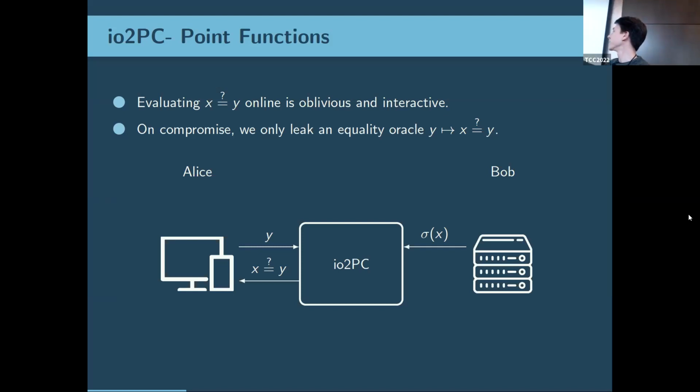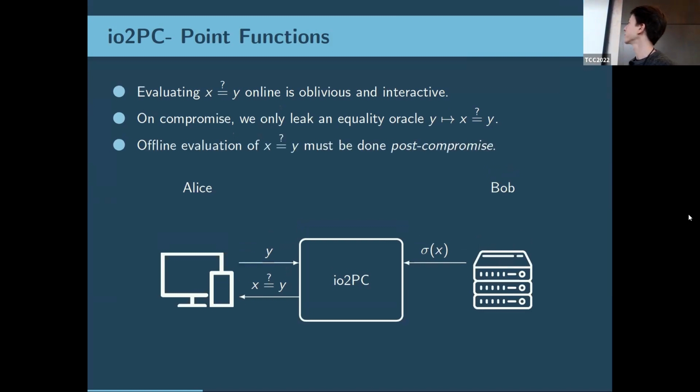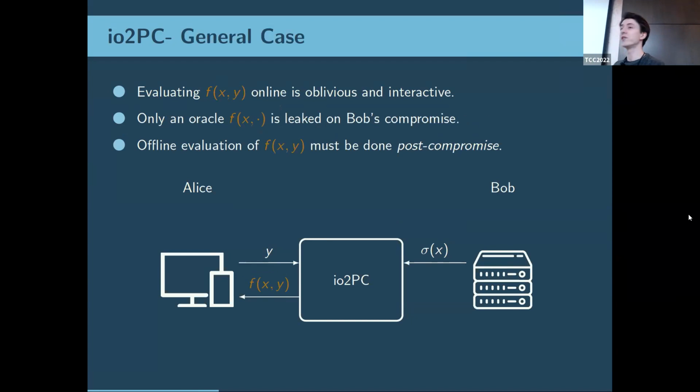So indeed, this is the smallest amount of information that we are able to leak upon compromise of Bob's service. And of course, we want it so that access to this equality oracle can only be gained after compromising Bob's service.